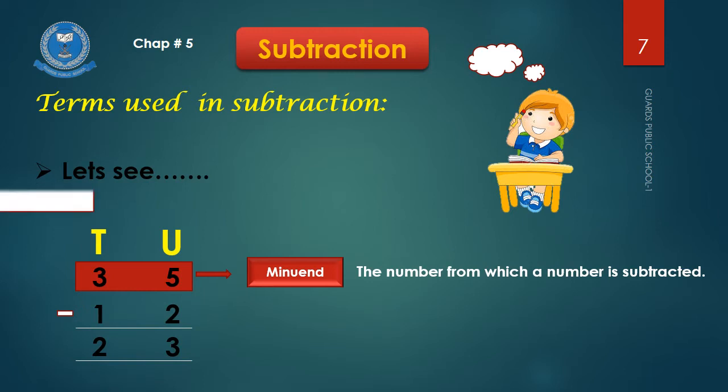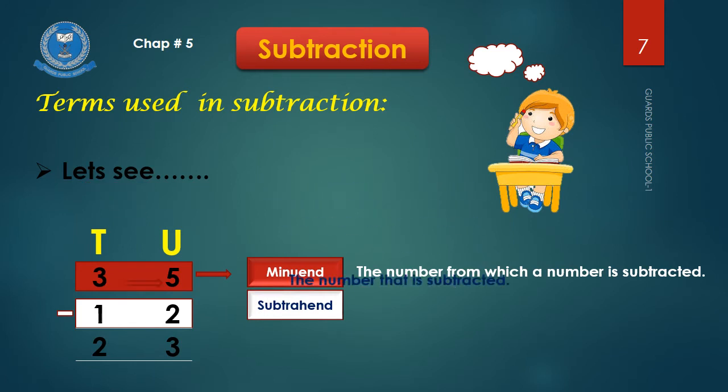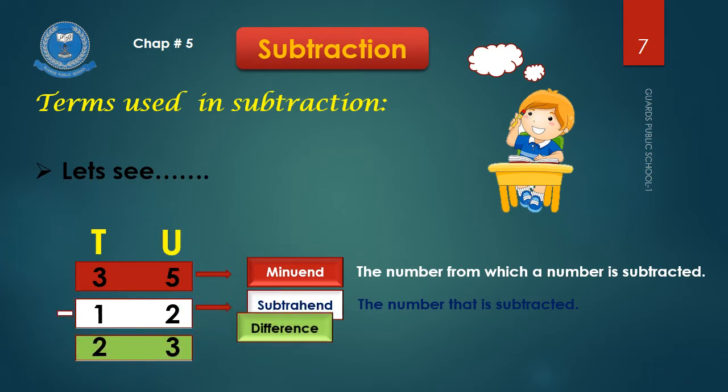And the second figure is called subtrahend. Subtrahend means the number that is subtracted. That is, students, the subtrahend is the smaller number which is to be subtracted. And the third figure is called difference.